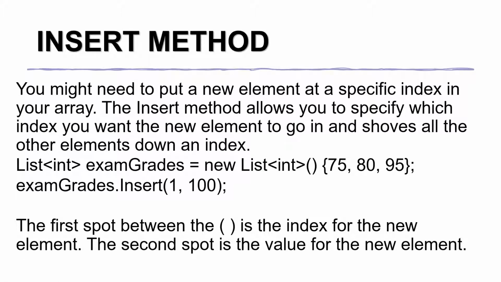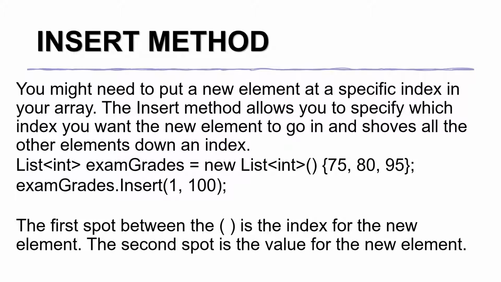You can also add new elements at specific indexes, even if it's right in the middle. And we do this with the insert method. So we can specify which index you want the new element to go in, and it will shove all the other elements down an index. So you can use this to insert things at the beginning.